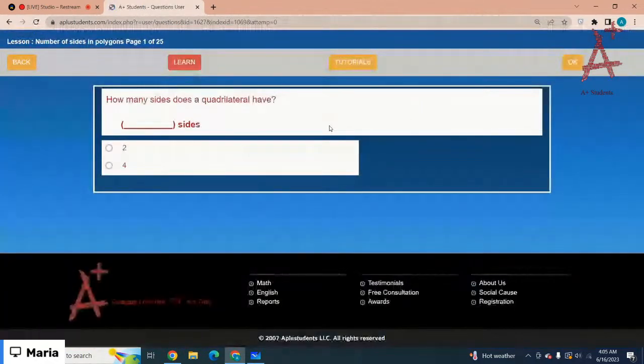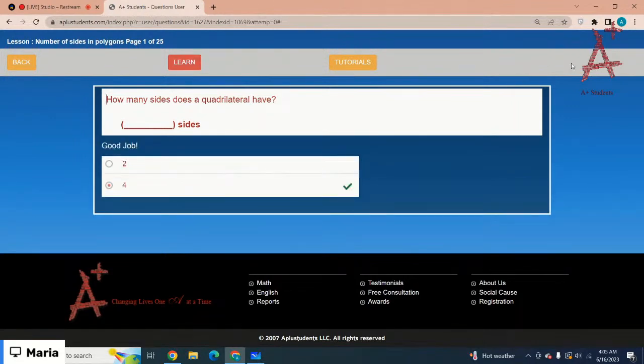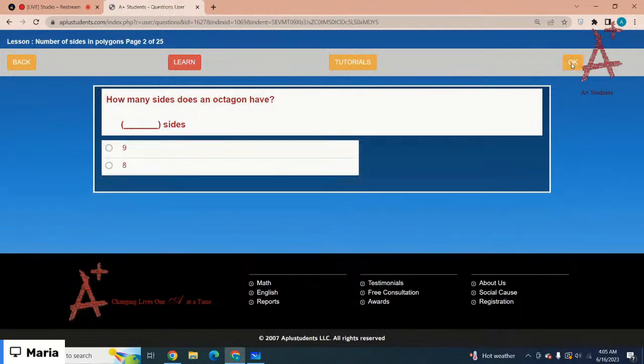How many sides does a quadrilateral have? A quadrilateral has 4 sides. The correct option is 4. How many sides does an octagon have?